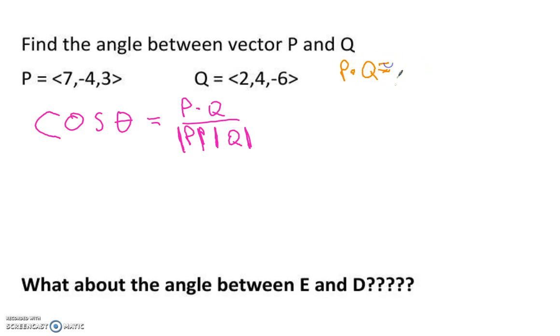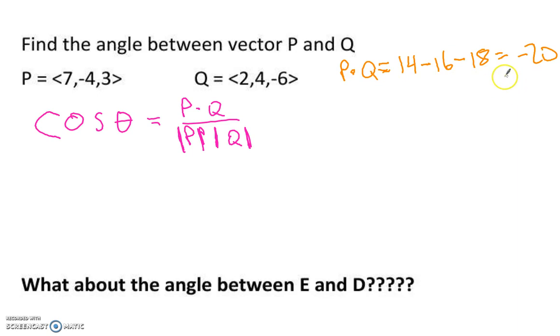is going to be 7 times 2, that's 14. Negative 4 times 4, that's negative 16. And 3 times negative 6, negative 18. So boom, add it all up. That's negative 20. Oh my goodness.